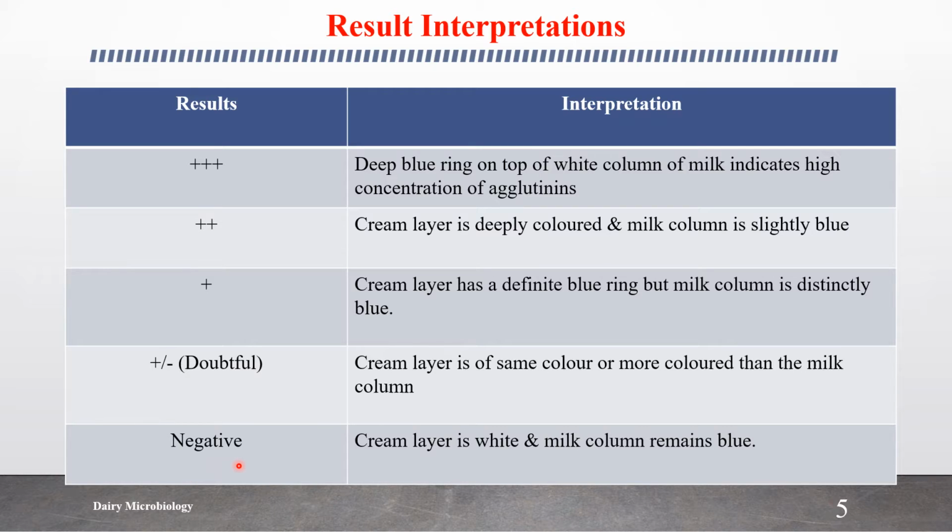The test is considered negative if the cream layer of the milk remains white while the milk column turns blue, while the 1 plus, 2 plus or doubtful result depends on the intensity of the color in the cream layer of the milk column.